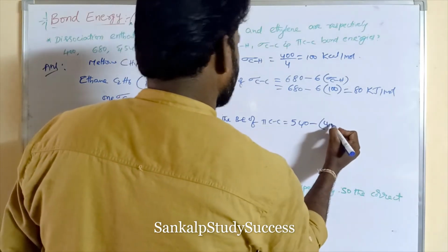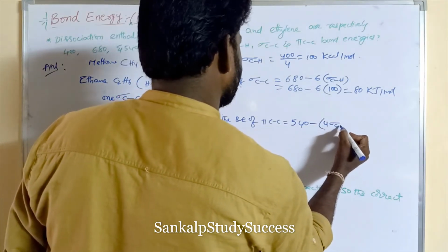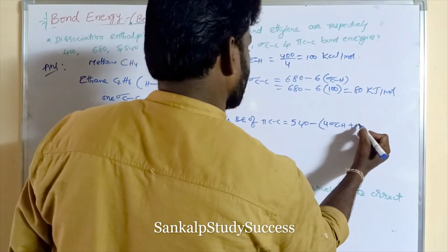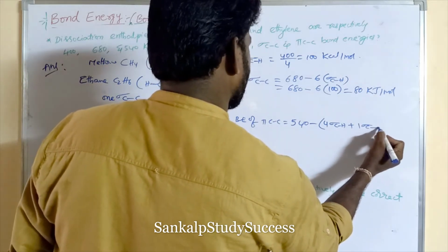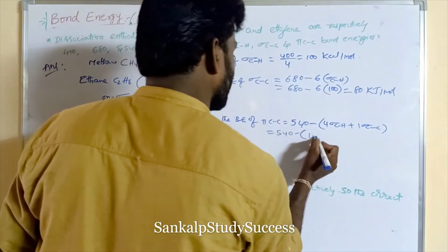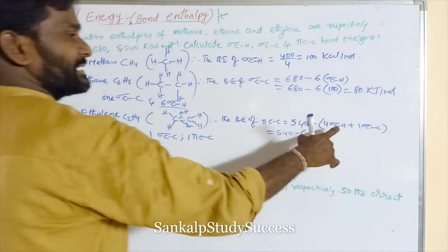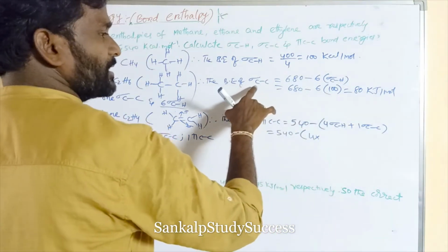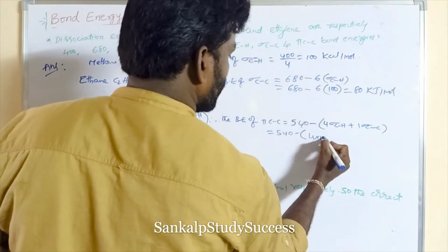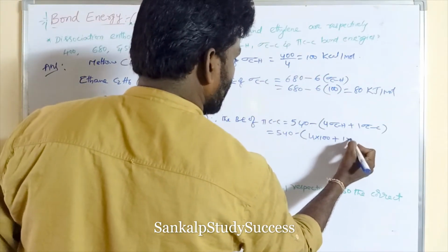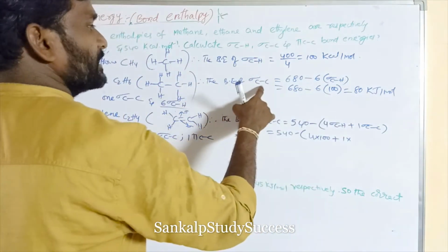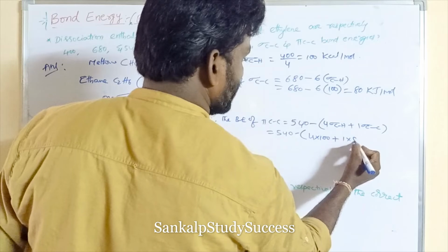So 4 into sigma C–H bond plus 1 sigma C–C bond. Now 540 minus 4 into, we know that the bond energy of sigma C–H is equal to 100. 4 into 100 plus 1 into, we also know that sigma C–C is 80.